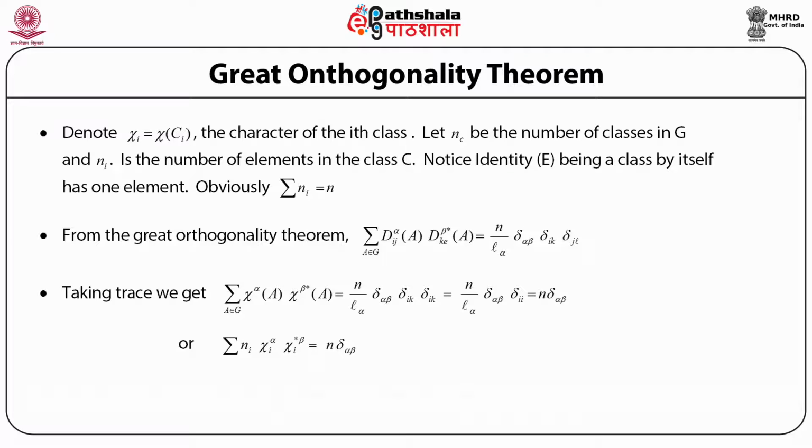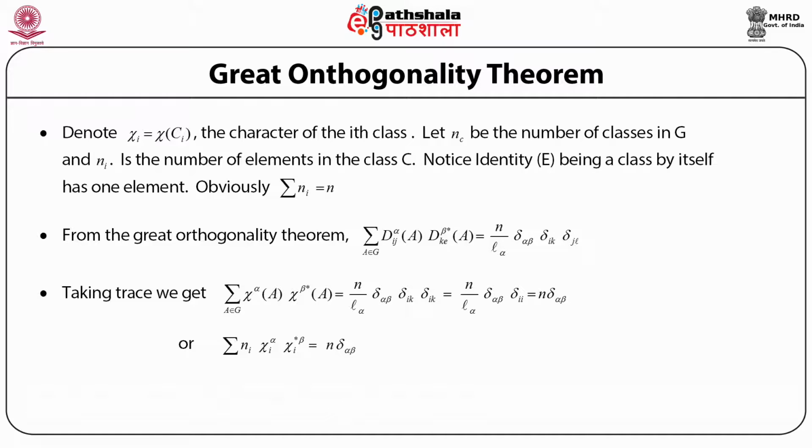Taking the trace of this, we get the sum over all group elements of chi alpha(A) chi beta star(A) equal to N by l alpha delta alpha beta delta ik delta ik, which is equal to N times delta alpha beta.